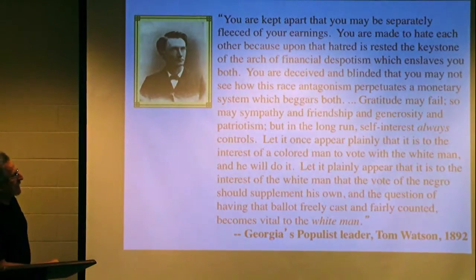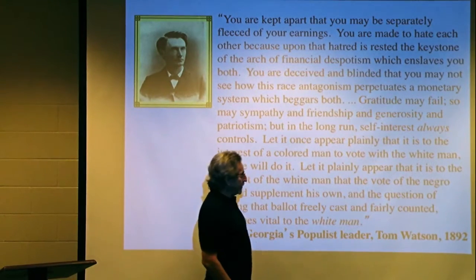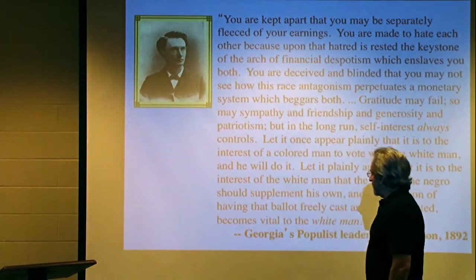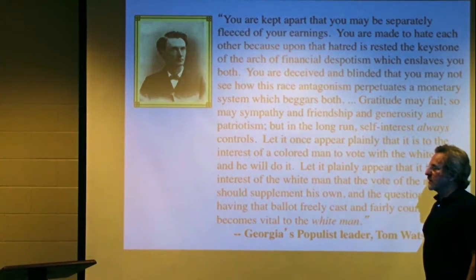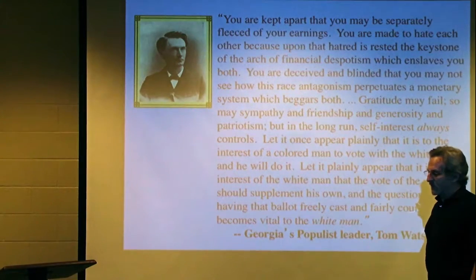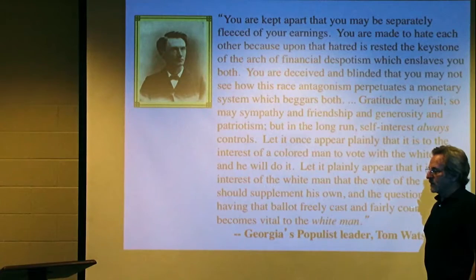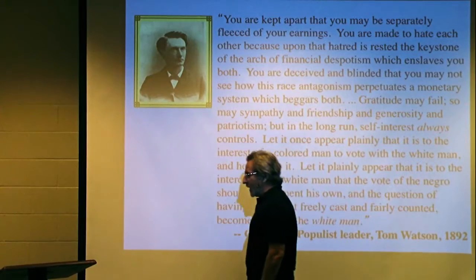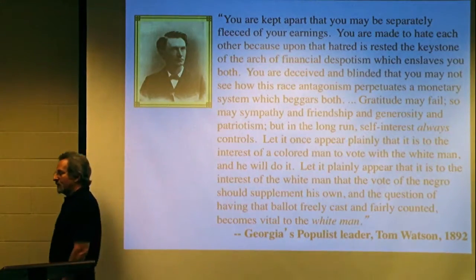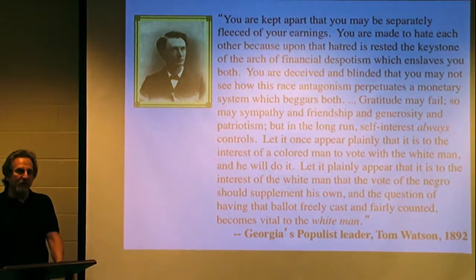At one point in the election campaign of 1892, a black preacher who was advocating for the election of Tom Watson was threatened by Klansmen, and he fled to Tom Watson's farm, and Tom Watson made a call for a posse of men to defend this black preacher, and 2,000 white farmers showed up to defend a black man threatened with being lynched in the year 1892 in Georgia.